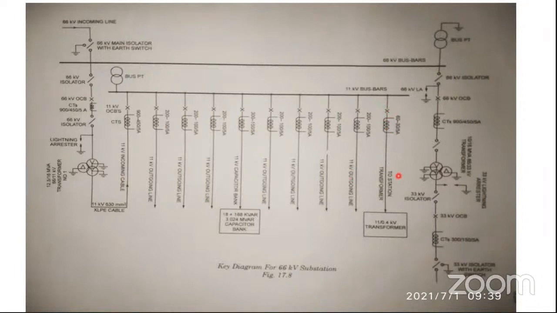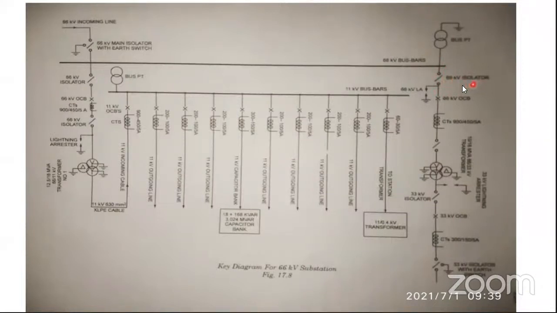The transformer is from 11,000 volts to 415 or 440 volts, which is used as a distribution transformer. So domestic consumers and consumers that use electricity at low voltage will be supplied using this transformer. And if you observe the 66 kV bus, we have another setup here.